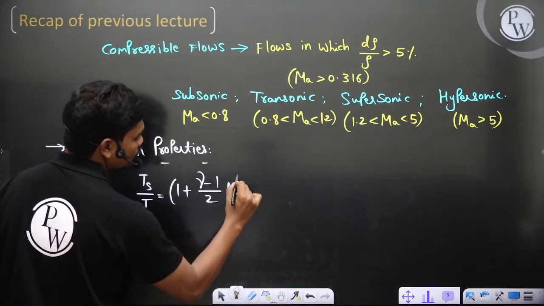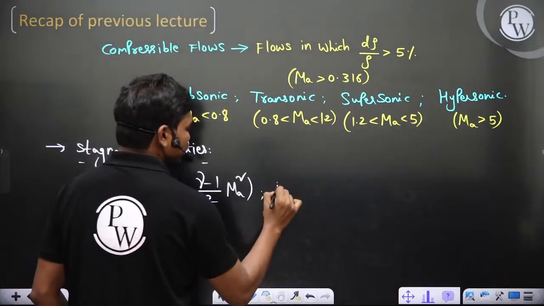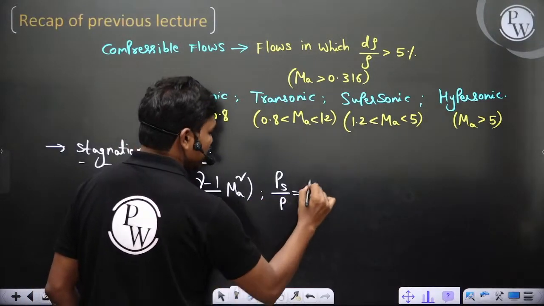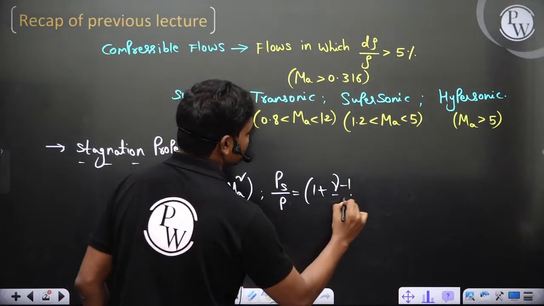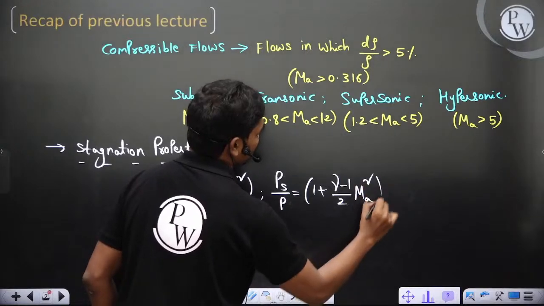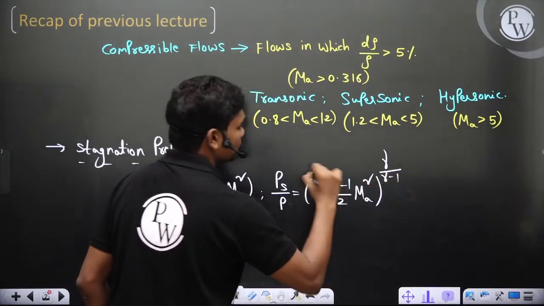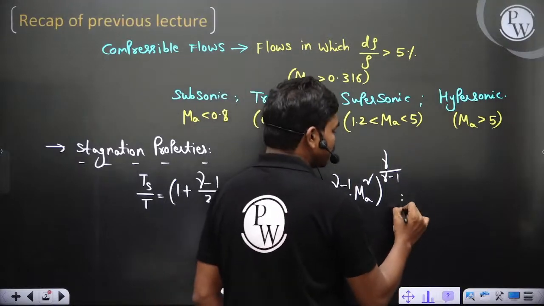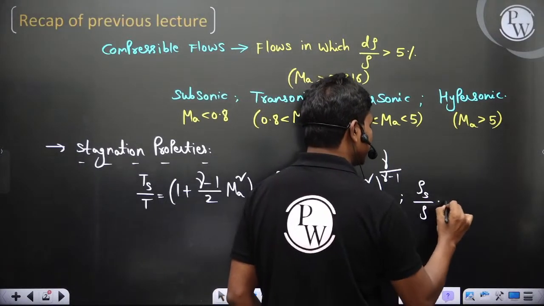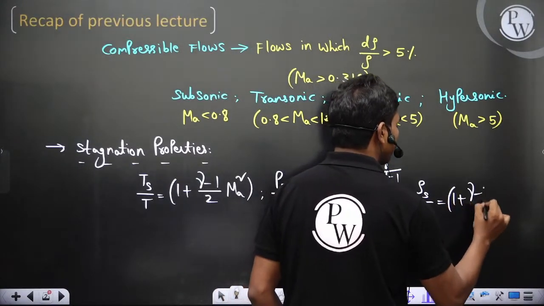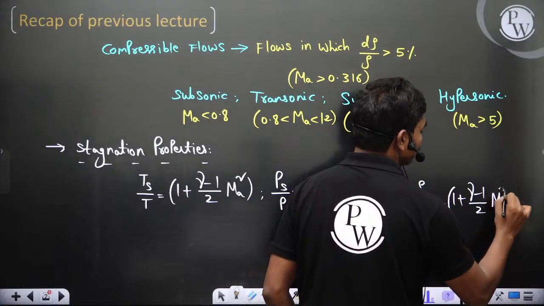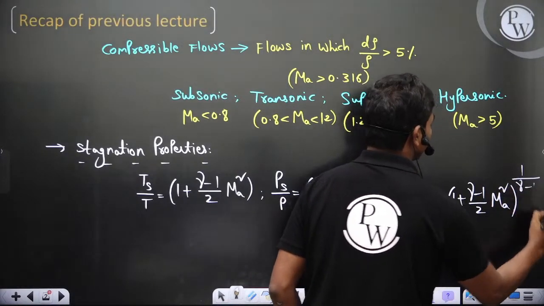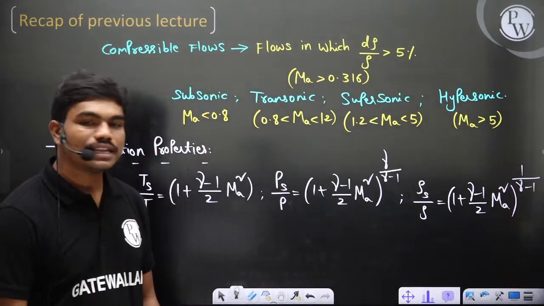Stagnation pressure by pressure at any point is this expression to the power gamma upon gamma minus 1, because P power 1 minus gamma into T power gamma is constant for isentropic flows. Stagnation density by density is 1 plus gamma minus 1 by 2 Mach square whole power 1 by gamma minus 1. These are the relations we saw in the last class.